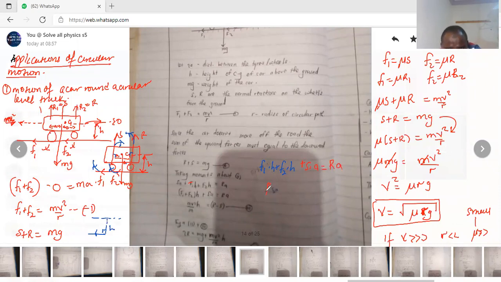From here, you could see that F1 plus F2 in terms of H is equal to R minus S in terms of A, the distance between the tires and the center of gravity.